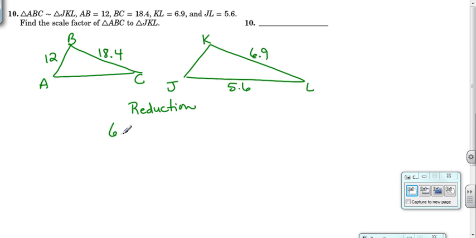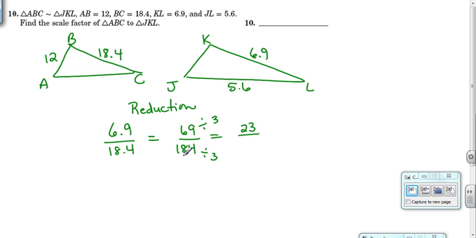So I'm going to compare 6.9 to 18.4, because those are the only two corresponding sides that I knew the measurements for both of them. So I'm going to multiply both of them by 10 and say that's 69 over 184, and then just reduce that fraction. I think each of these can be divided by 3, because 6 plus 9 is 15, and 15 can be divided by 3. 184 divided by 3?